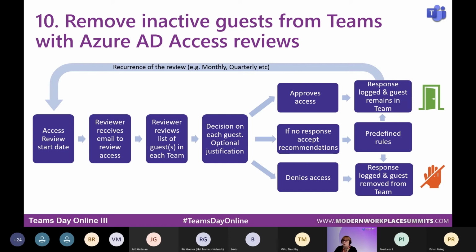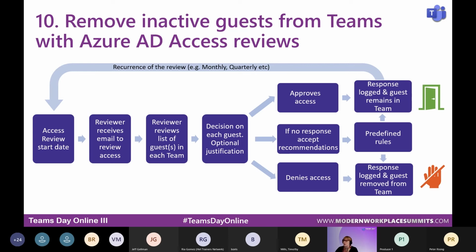Your options are that the reviewer can deny access. In that scenario, the response would be logged as denied, and the guest user would be removed from the team. The second option is they can approve access, potentially with an optional justification. The user would retain access until the next review point and continue as is.